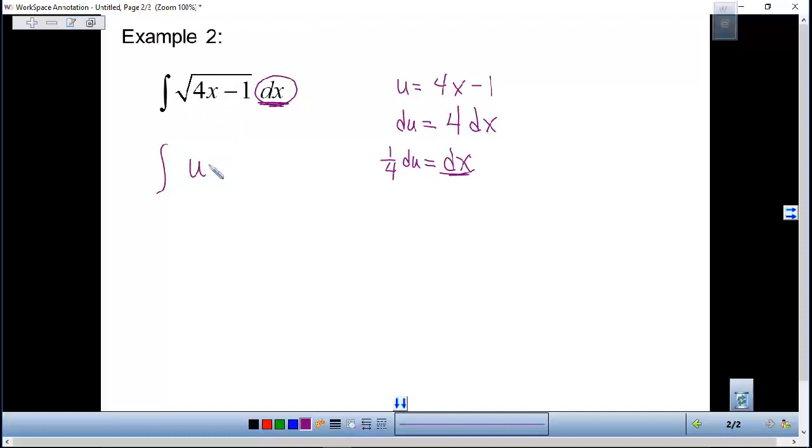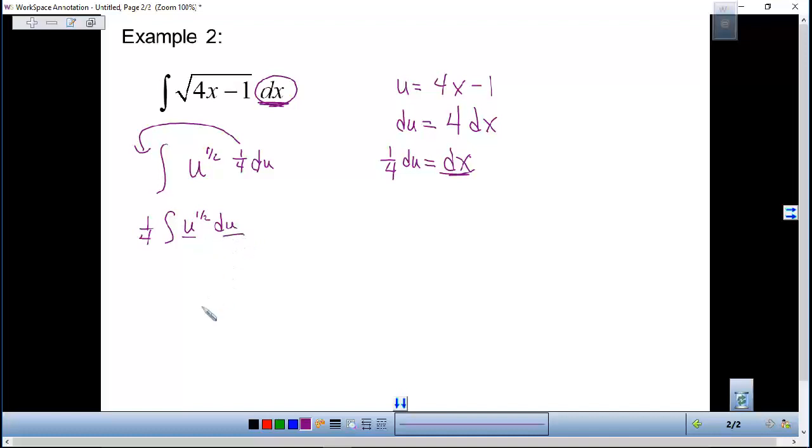The square root of that I can rewrite as u to the 1/2. And then I've got the dx, which is 1/4 du. Now, what can I do with that 1/4? Well, it's a constant multiple, so I can move it all the way out front. It's just going to tag along, and then I've got u to the 1/2 du.